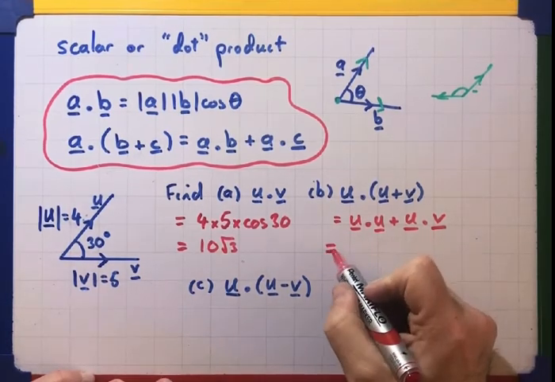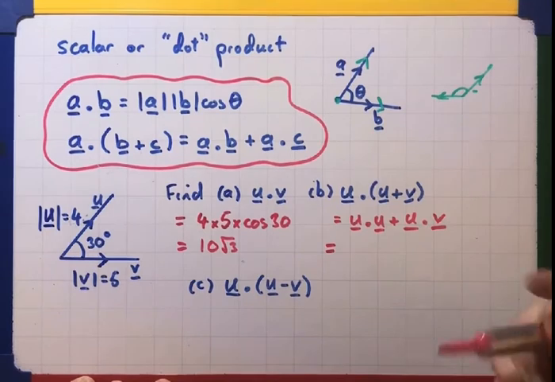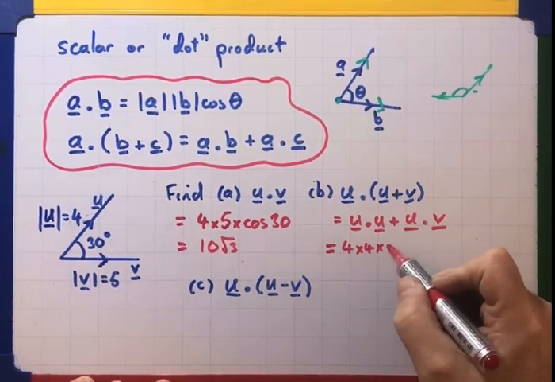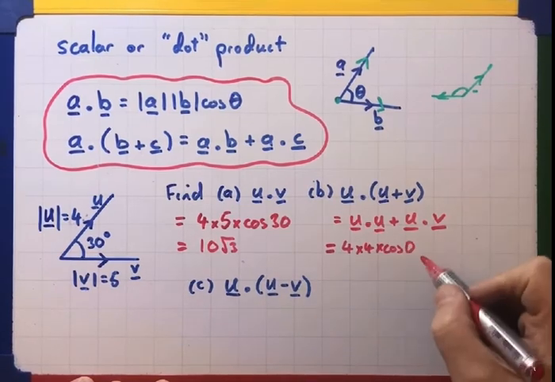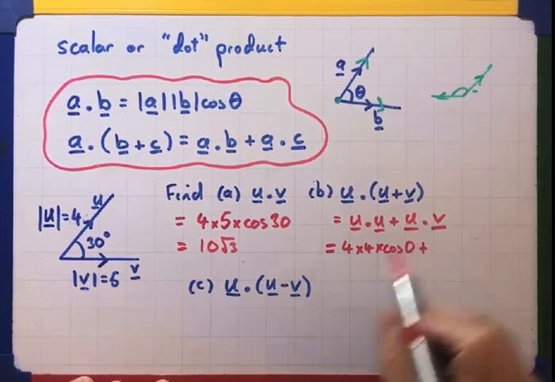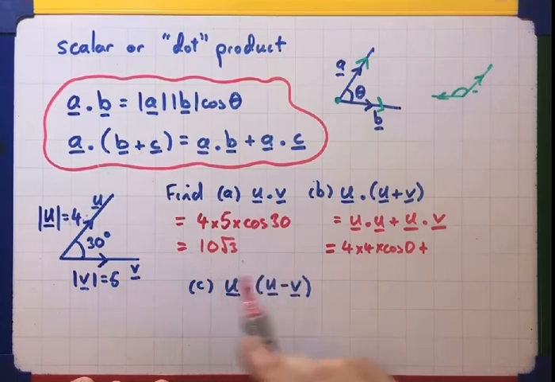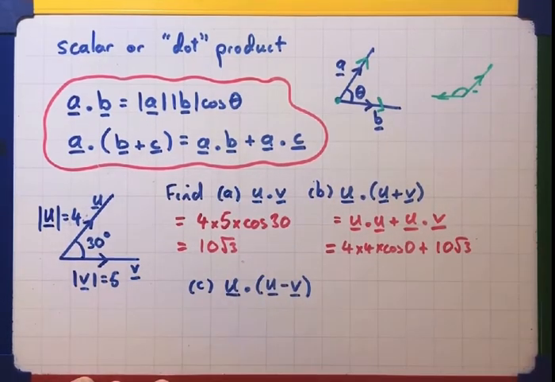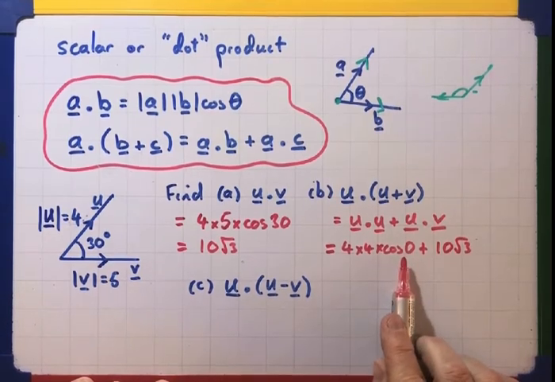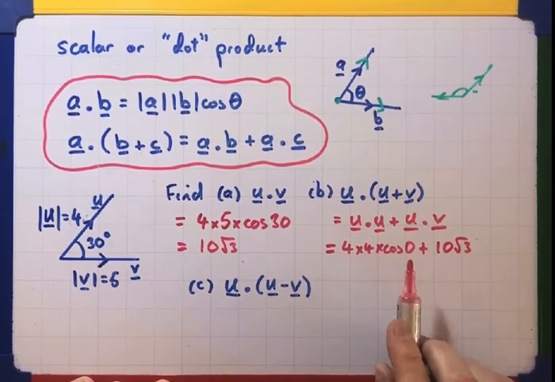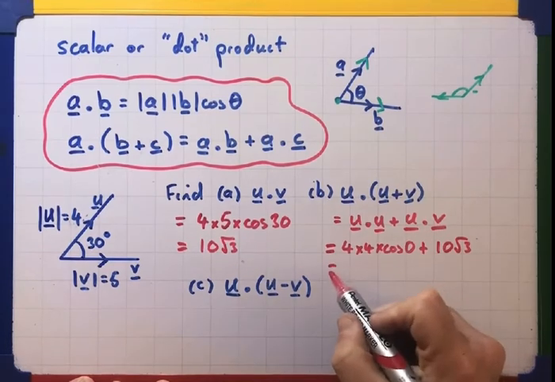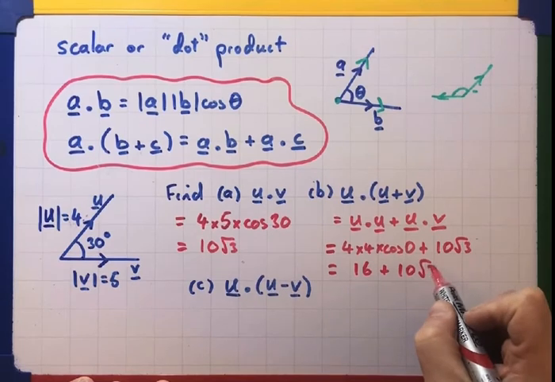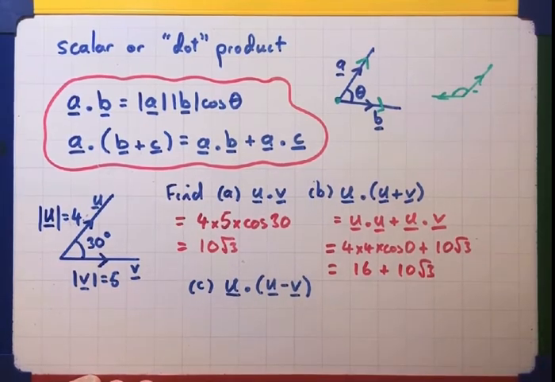Its magnitude is 4, so that would just be 4 times 4 times cos of 0, plus u dot v, which is what we worked out here. So let's just stick it in, 10 root 3. Cos of 0 is 1, one of your exact values. So that gives me 16 plus 10 root 3. That'd be that one finished.